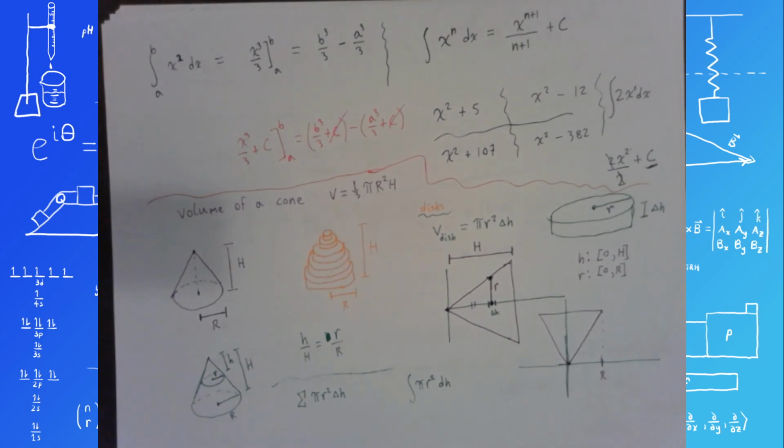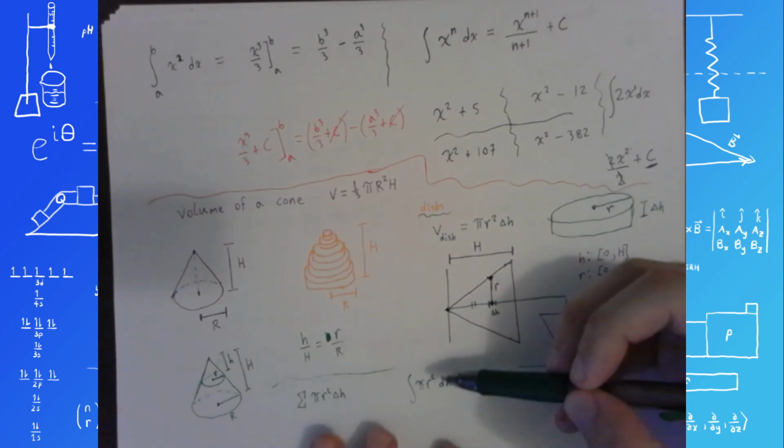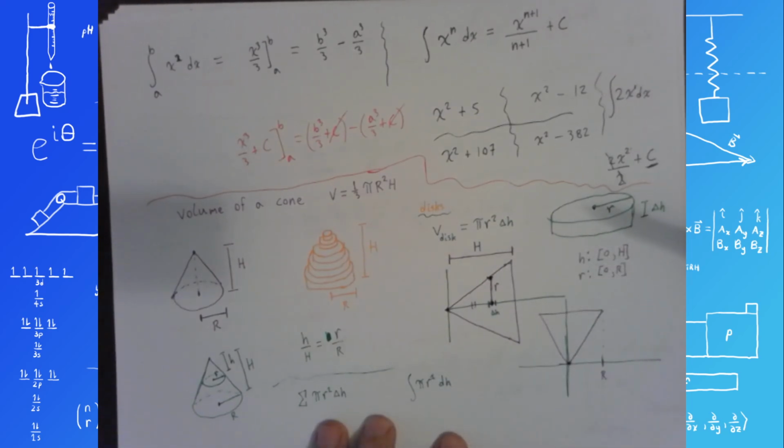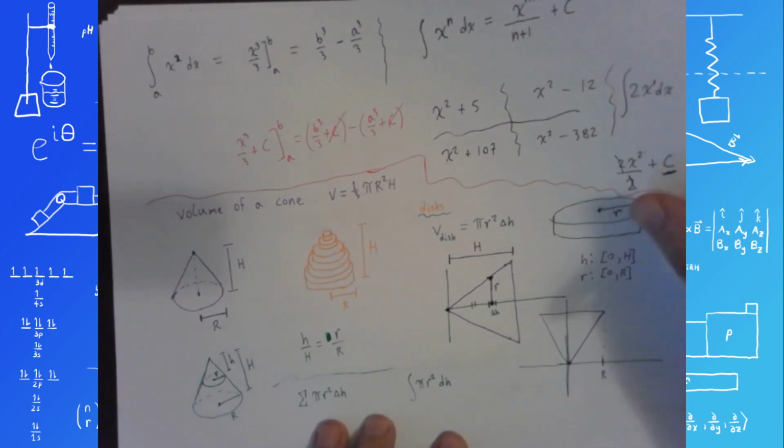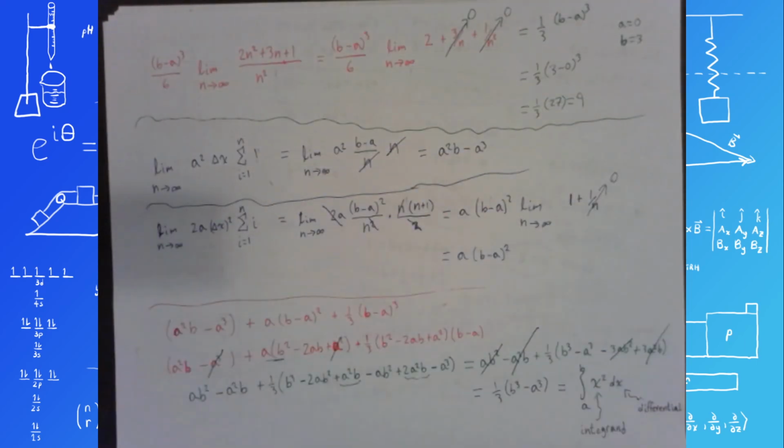This is hinting back at what I was saying earlier about the integrand and the differential. Where was it? Right here. Your integrand and differential need to agree with each other.